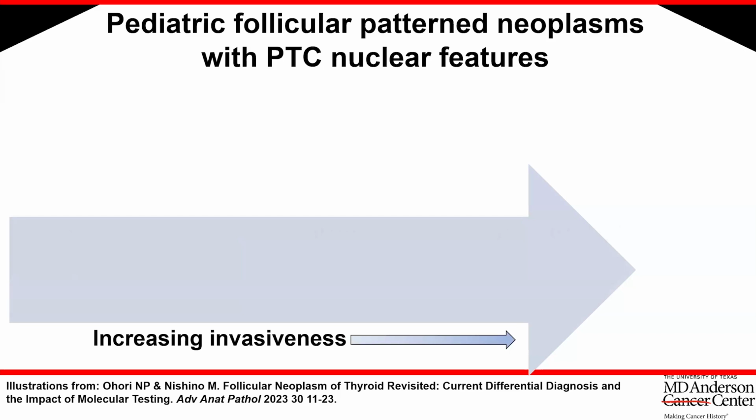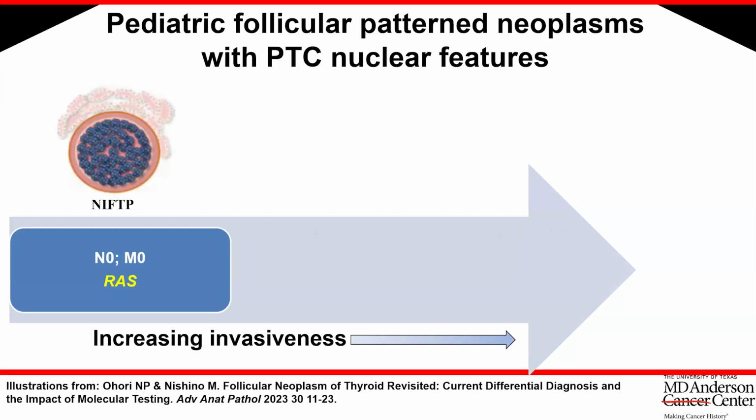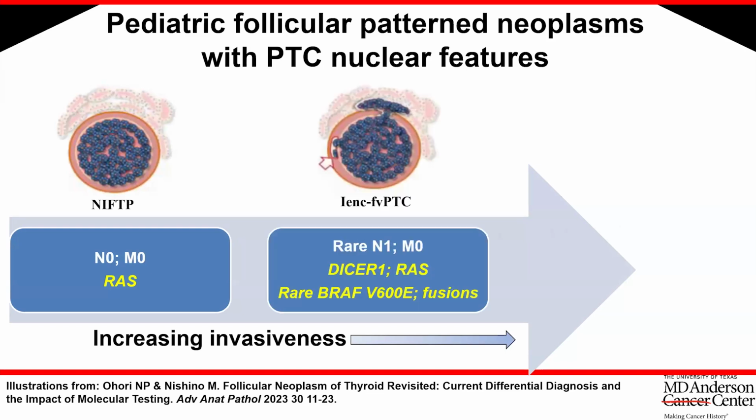So if we put together my understanding from this paper and the literature, we have the low-risk tumors, which are the NIFT-Ps, where we don't see lymph node disease, we don't see distant metastases. And these tumors are primarily going to be associated with RAS pathogenic variants. And then next, we have the invasive encapsulated follicular variant papillary thyroid carcinoma, where you will rarely see lymph node disease.